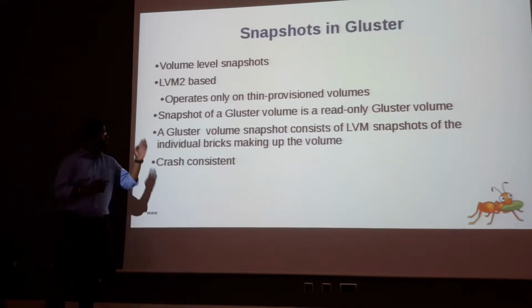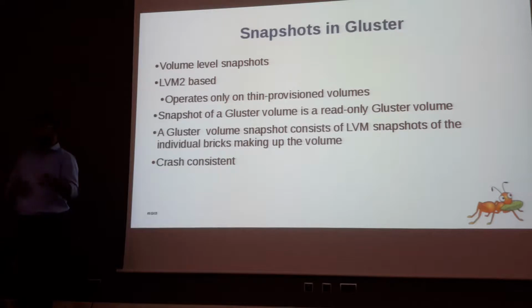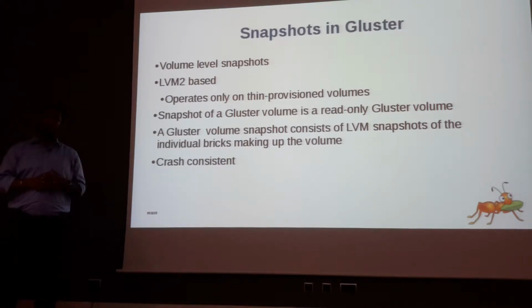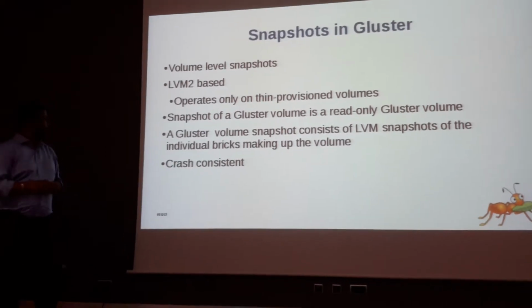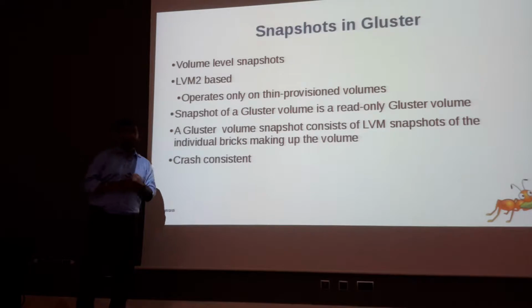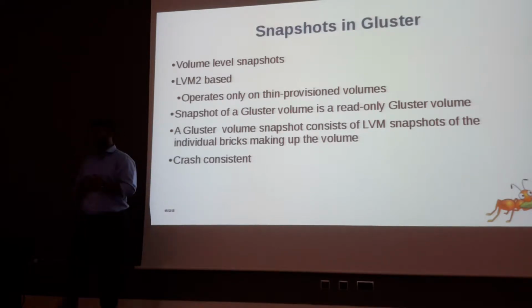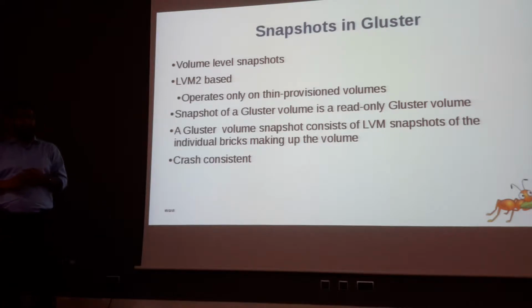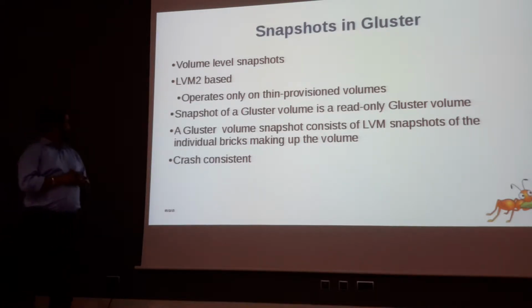I'll go through, in the supported configuration, the prerequisites for taking a snapshot and the systems on which you can take snapshots. Another important thing in snapshots is crash consistency. These snapshots are crash consistent. We are not covering application crash consistency right now.